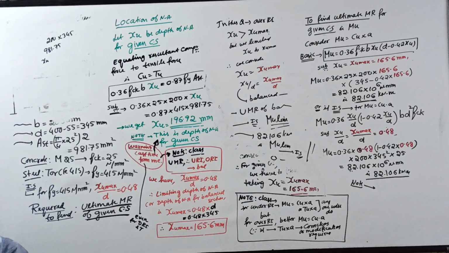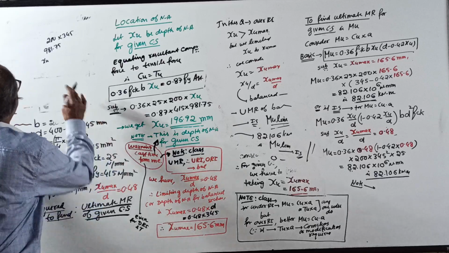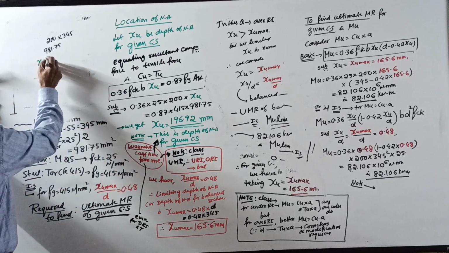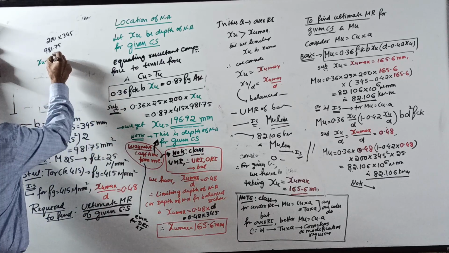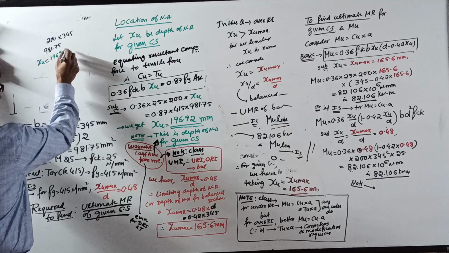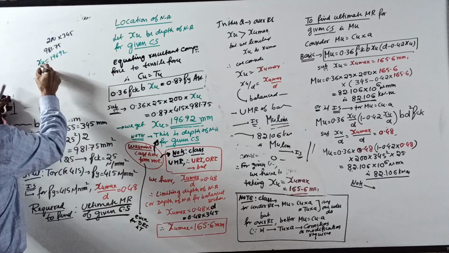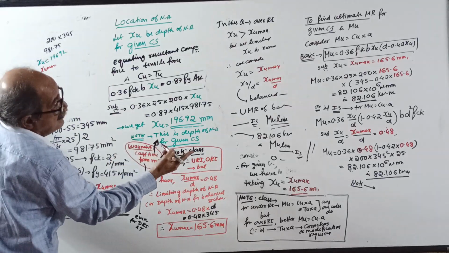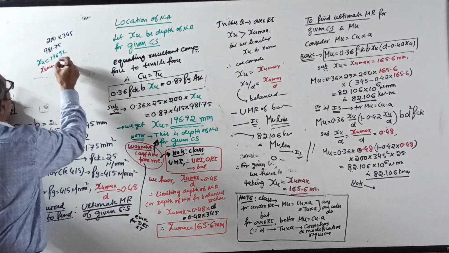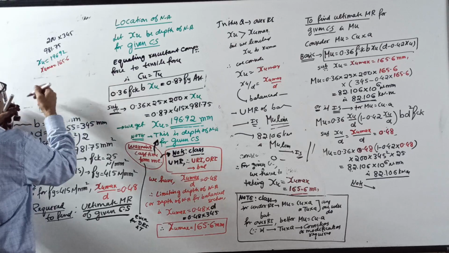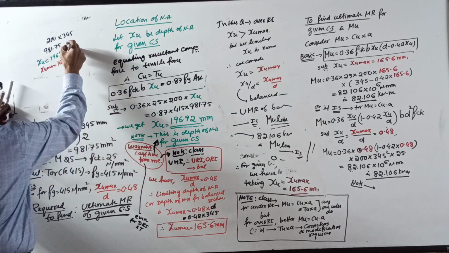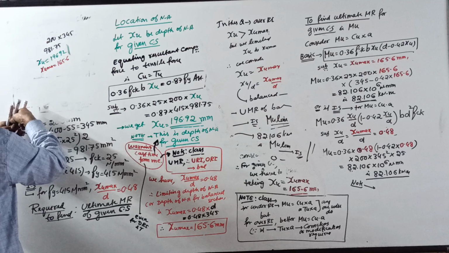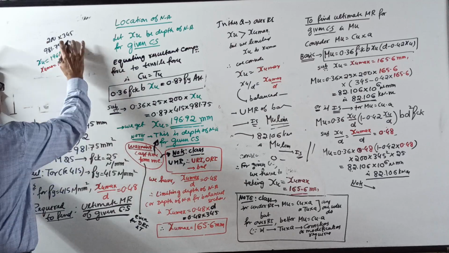Calculating Xu is actually not required for all. By reference, Xu came 196.92 and your Xu max came 165.6 millimeter. This is just my reference, otherwise I have to search the paper.